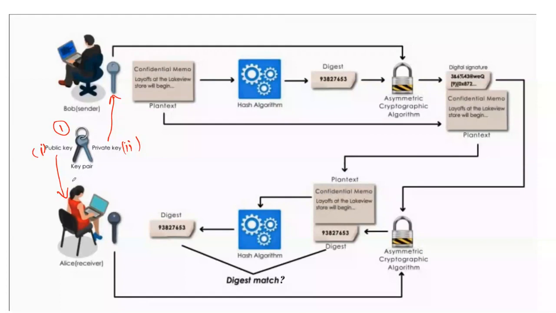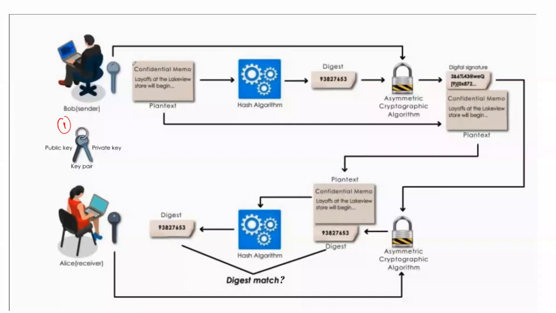In this case, the key pair is generated, the private key is with Bob and the public key is with Alice. The next step is when Bob tries to send some plain text or message. The first step generated the key.